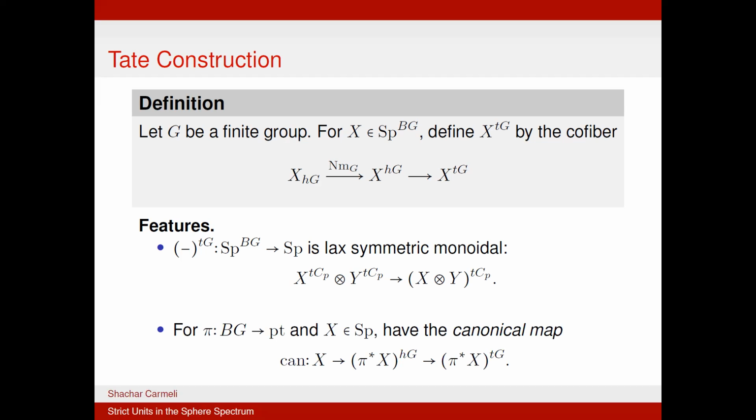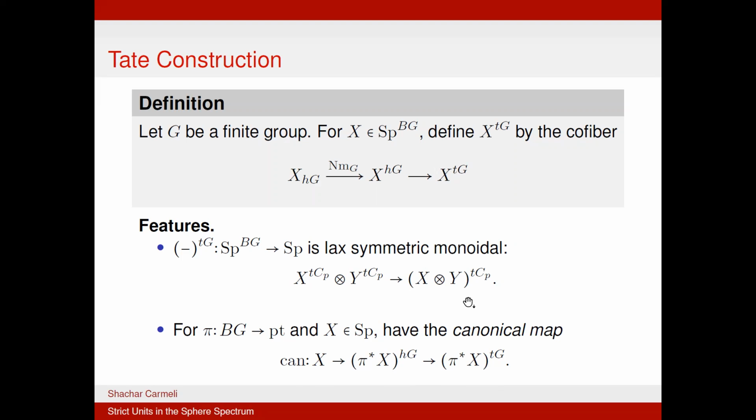And also, if I denote again by pi the terminal map going from BG to the point, and X is any spectrum, then there is a canonical map going from X to the Tate construction of the trivial G representation on X. It goes by the unit from X to the fixed points of the trivial action, which is just the unit of an adjunction, followed by the canonical map from the homotopy fixed points to the Tate construction. This map is usually called the canonical map.